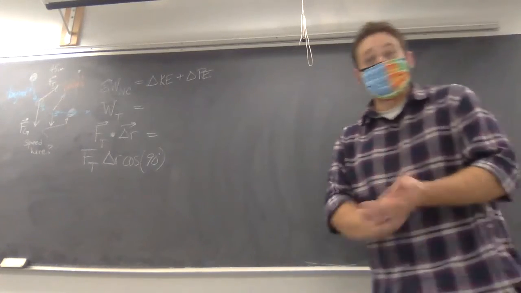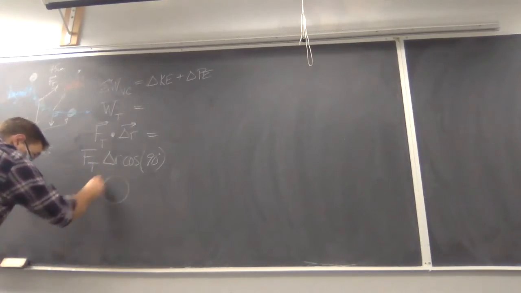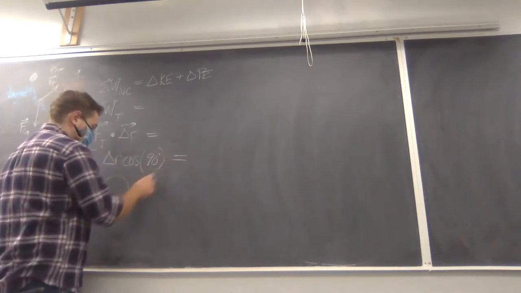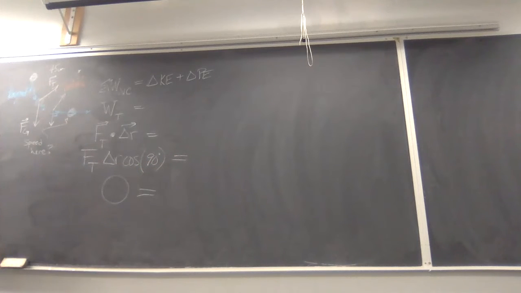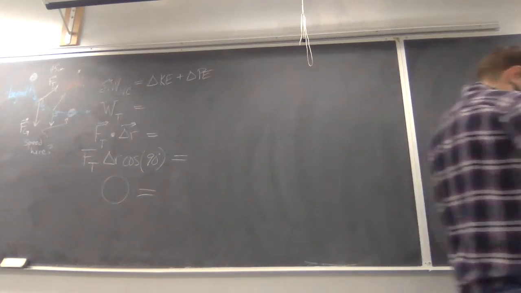And the cosine of 90 degrees is close. So 0. That's the other thing. Wait, X or Y? Oh, yeah, never mind. Cosine is X. Cosine of 90 is 0.